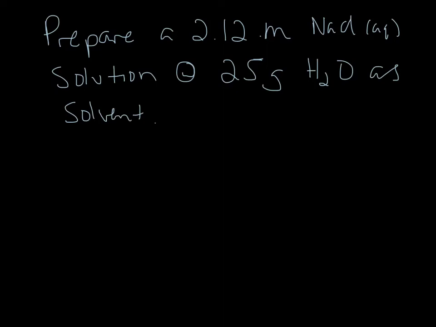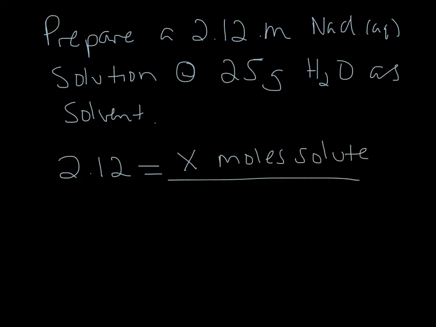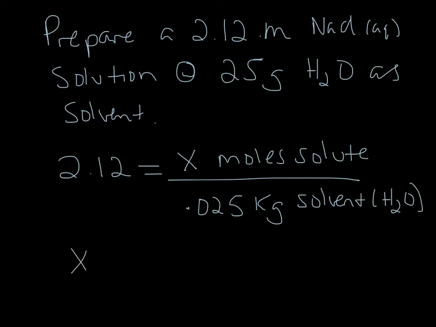Okay, so what I need to know is how much sodium chloride should I put in there. So I know my molality. I don't know how much solute I need, so X moles of solute over 0.025 kilograms of solvent, which is my H2O. So I can set up this proportionality and solve for X.